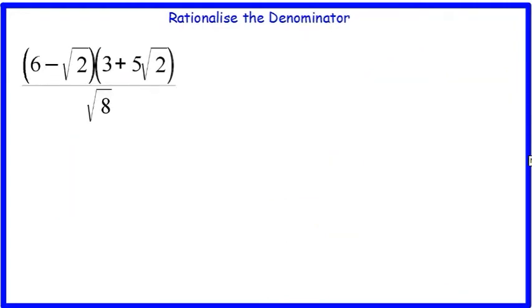Okay. Sometimes you may have to multiply out the top. So we've multiplied out these already. So I'm going to multiply these out. I'm just going to do this here. That's going to give me 18 plus 30 root 2 minus 3 root 2.